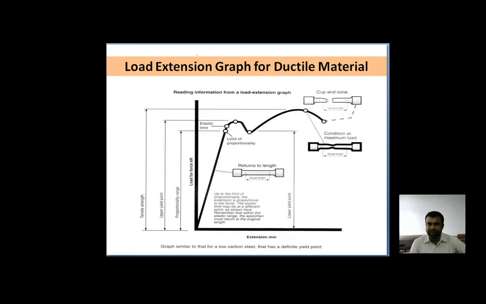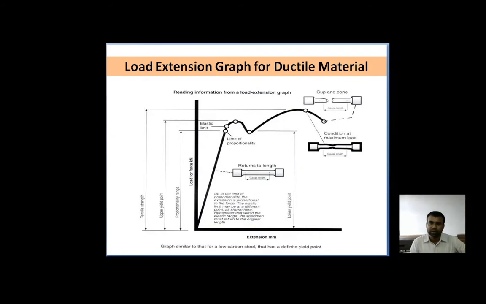So the tip of that particular pen is touching this particular cylinder's paper, and it starts with the starting of that particular load applied by this particular hydraulic machine on this particular material by extension of this particular jaw in the opposite directions.